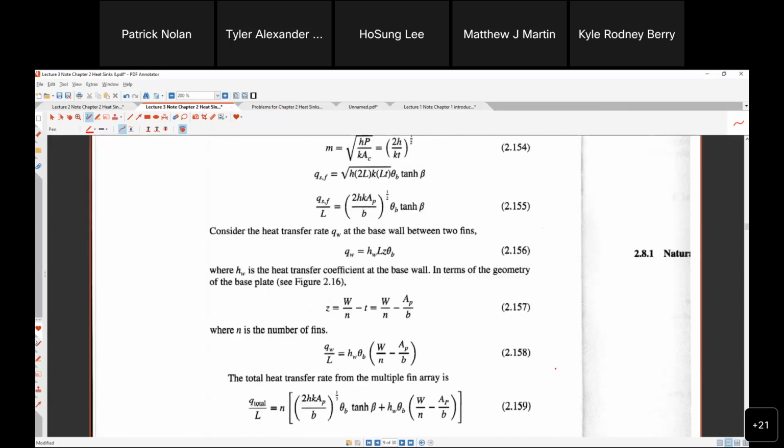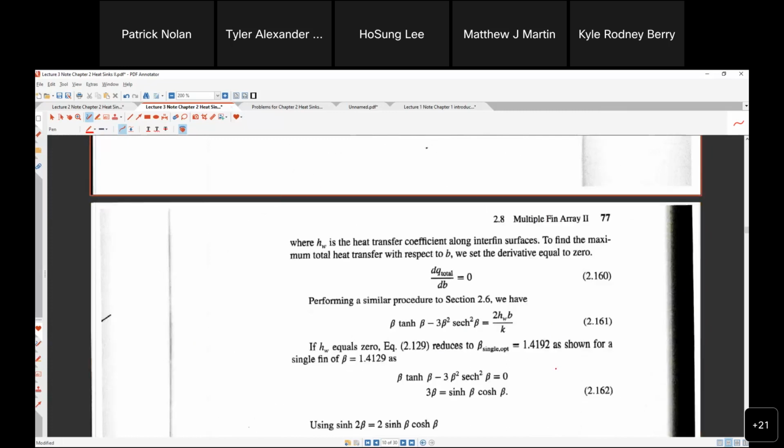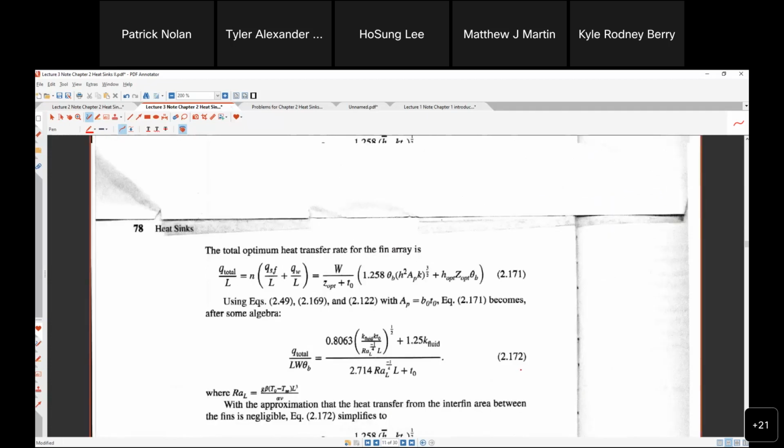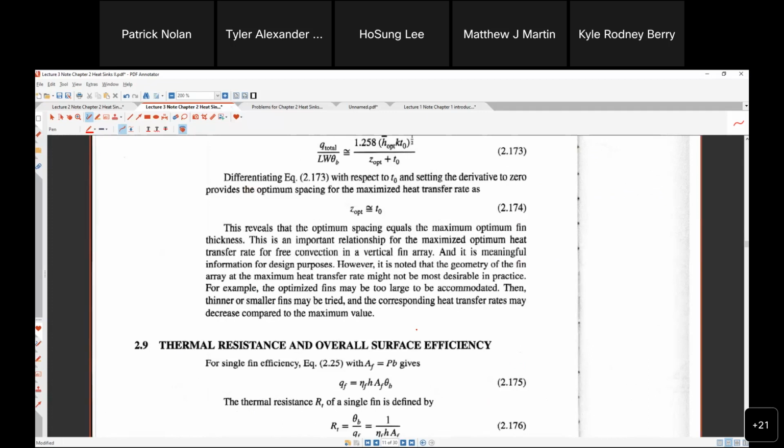Okay, now it turns out some analysis, I hate to show these, students are confused, but it turns out for free convection only, not the forced, the optimum spacing is the same as the thickness optimum.